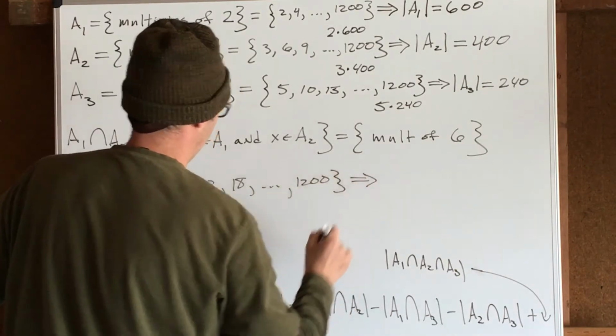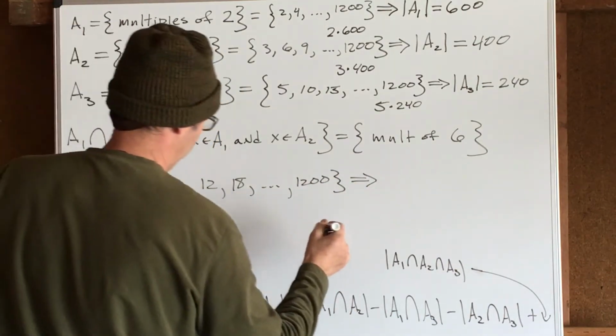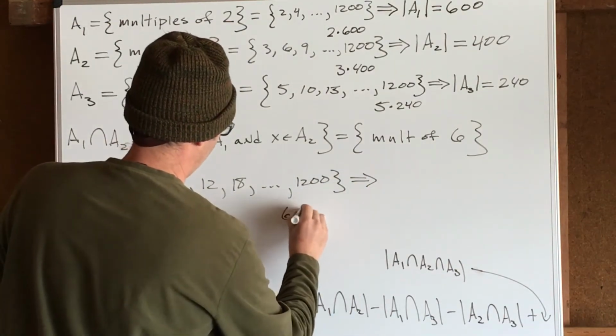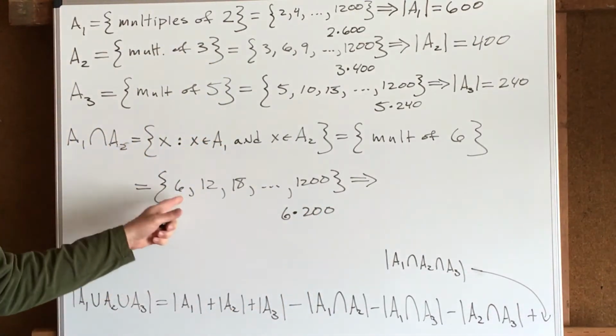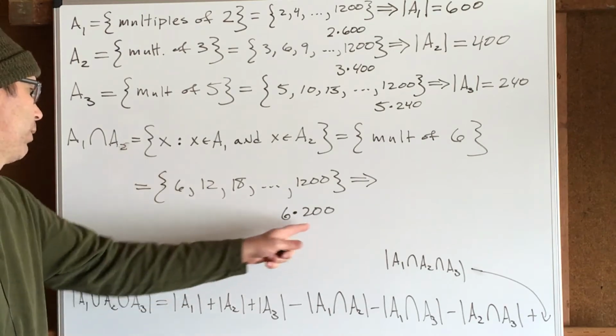How many of those are there? 1200 is 6 times 200. So you go 6 times 1, 6 times 2, 6 times 3, all the way up to 6 times 200.